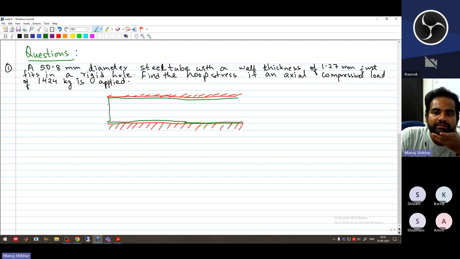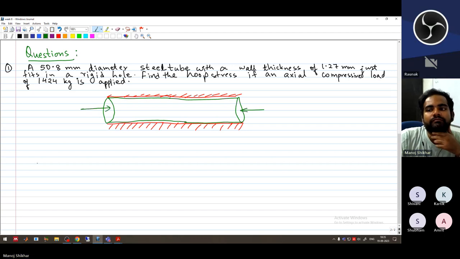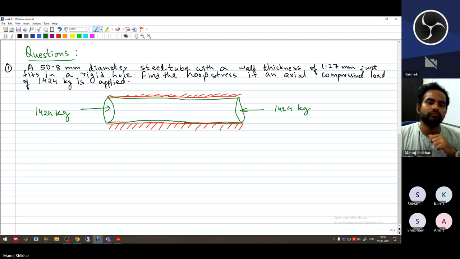There isn't much gap in between the hole and steel tube. It is just a fit. Now they are compressing it. The load is 1424 kg. They're telling us to find the hoop stress.